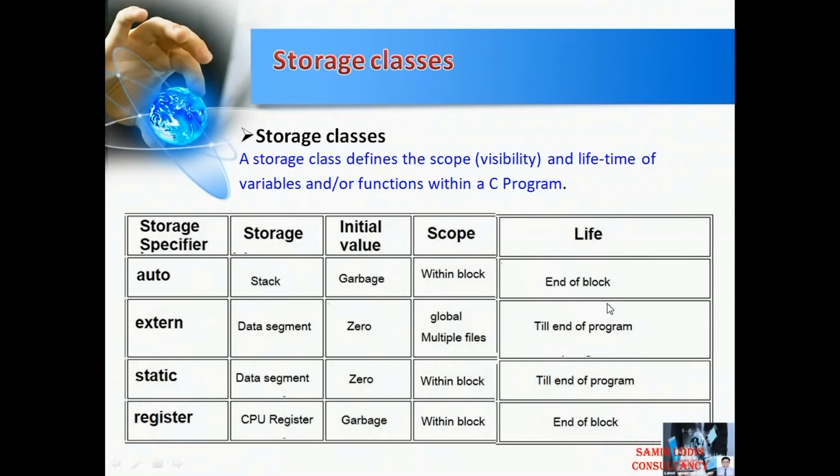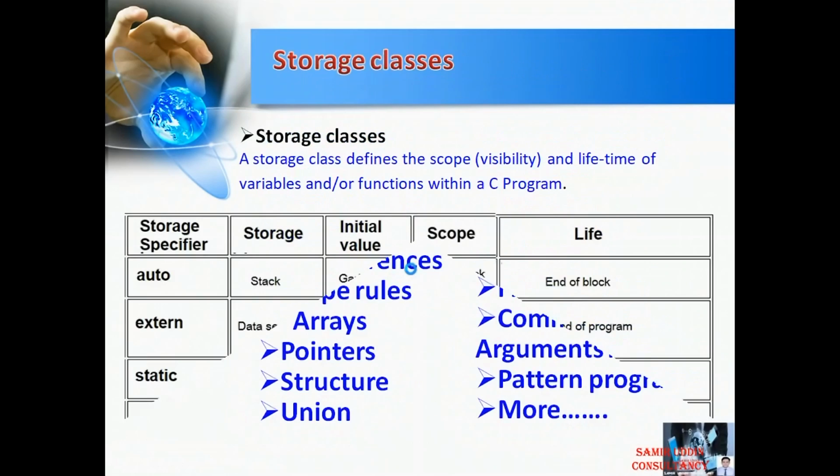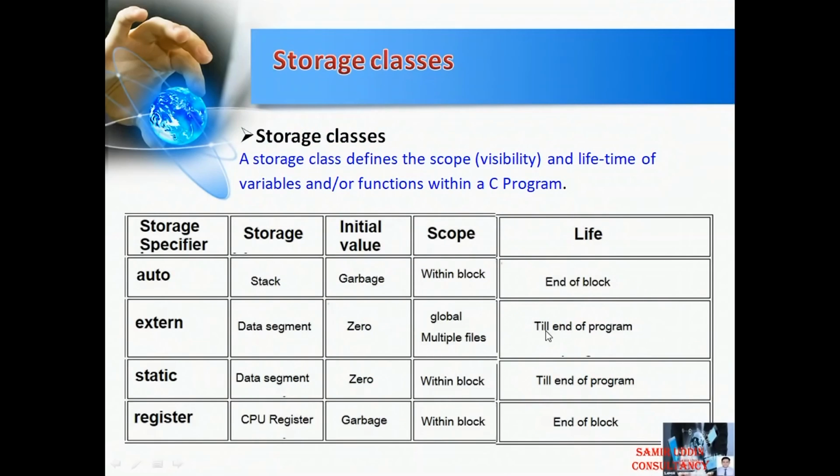Now an external variable is stored in the data segment with the initial value 0, and it can be accessed by multiple files, and the life of the external variable is till the end of the program.